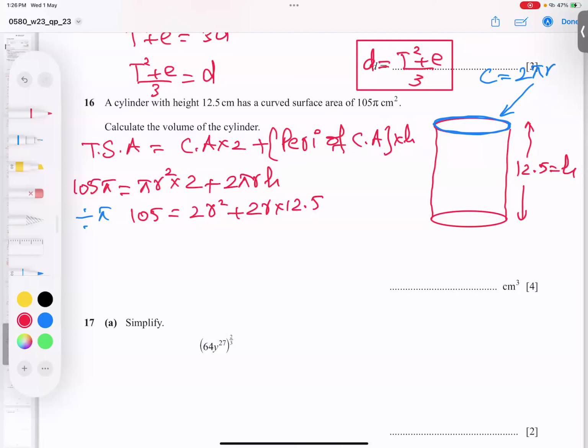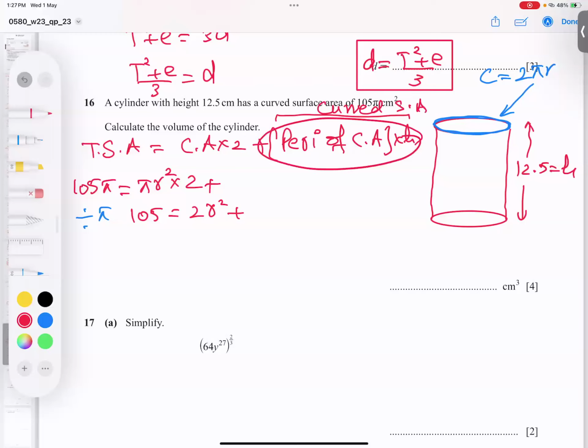Curved surface area. Sorry, curved surface area is given. So it means this is a curved surface area. So no need to work out this curved surface area. I will write it here directly, 105 pi. And for your knowledge, this is called curved surface area. Curved surface area. So I'm writing in the place of this 105 pi. Okay, this is clear, and 105 pi, divided by that, gone, 105.